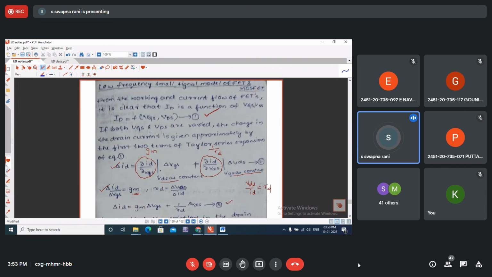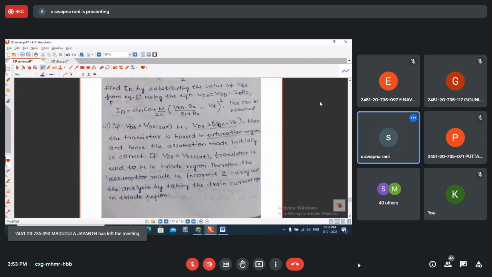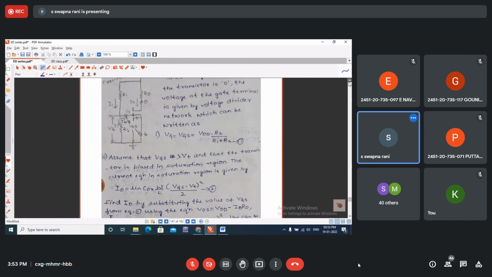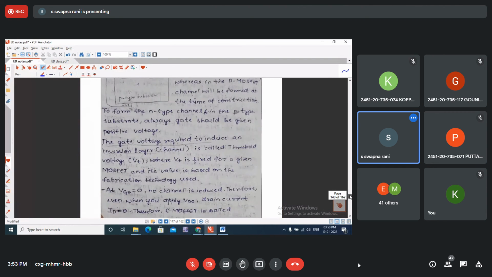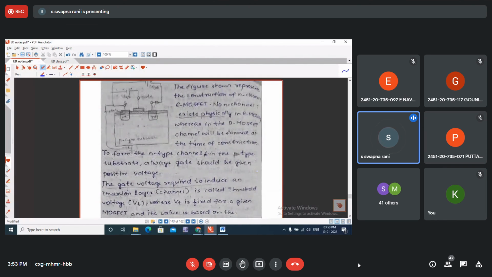And in the last class, I forgot to indicate the regions. In these notes, some extra topics are there.